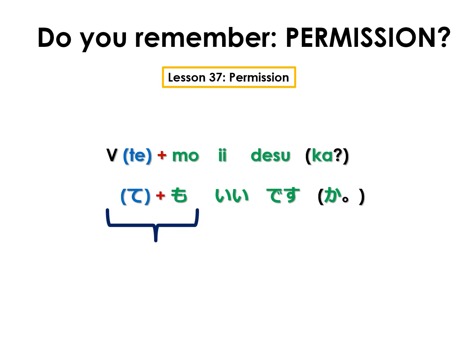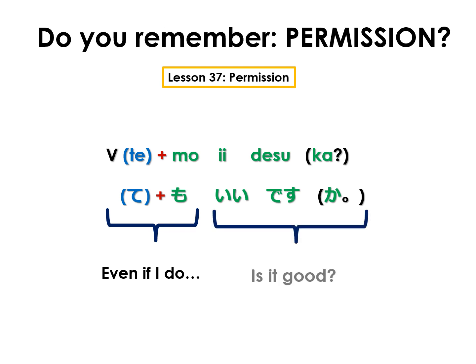The first part is temo, which is the conjugation we are learning here. It means even if I do. And the second part is ii desu ka, which means is it okay? Literally, the whole thing means even if I do it, is it okay? Or may I do it? Asking for permission. In this lesson, we will focus on the first part, temo, even if I do.